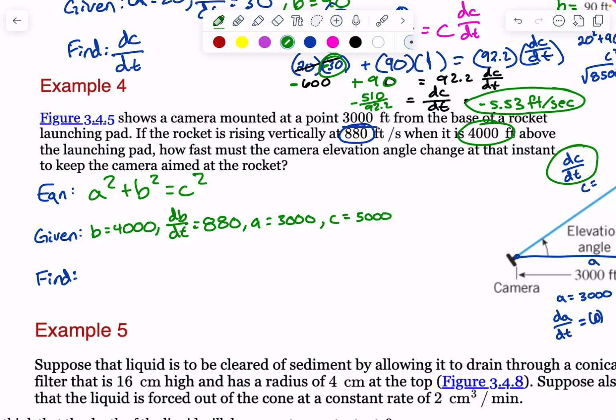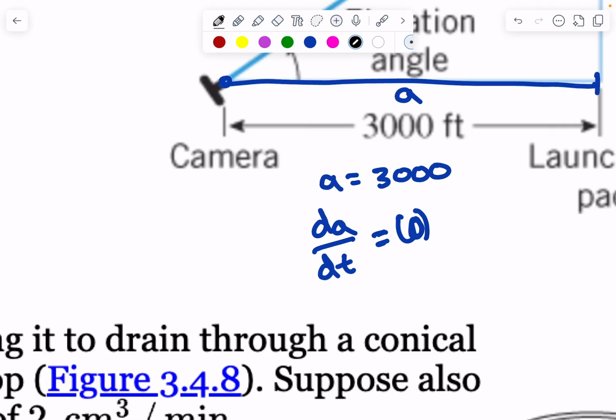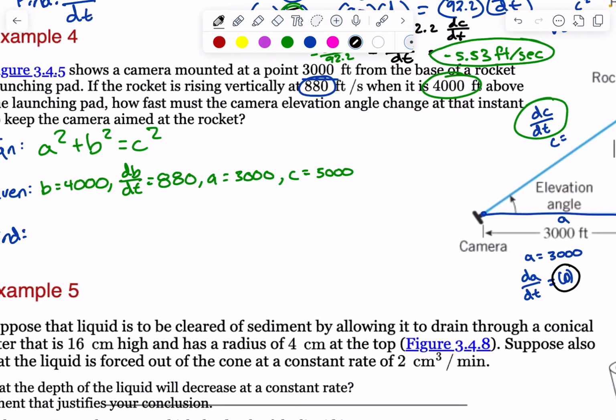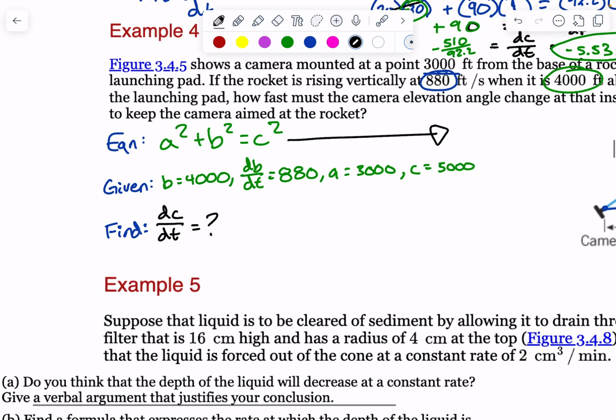Okay. Now, here's the deal. I think Jacob's right with the fact that this is 0, but I'm going to show you why. A is not changing, right? So we can either plug 0 in for dA/dt, or let me show you options. The next thing we're trying to find is dC/dt. Okay, that's what we're trying to find. Now here are your two options. Ready?